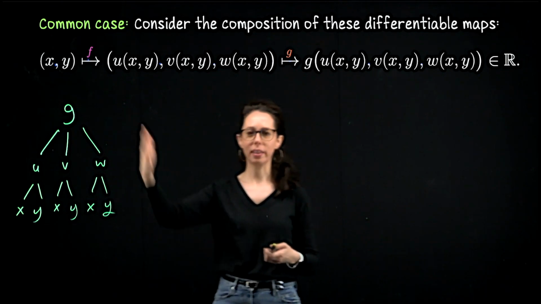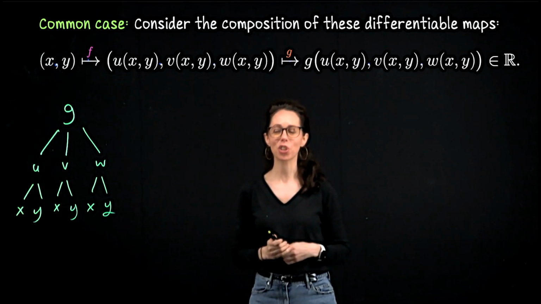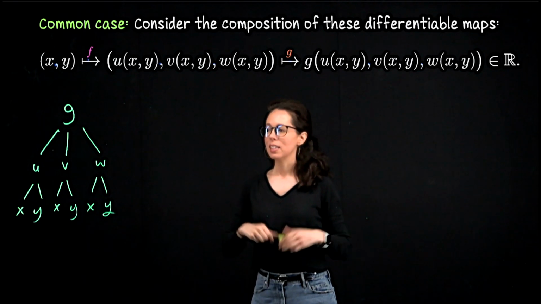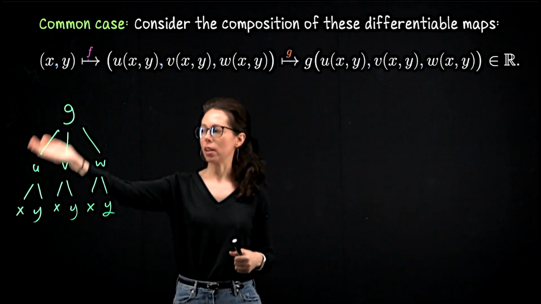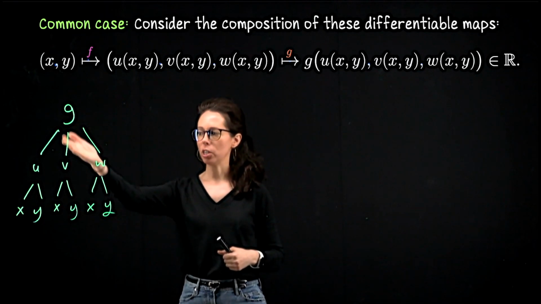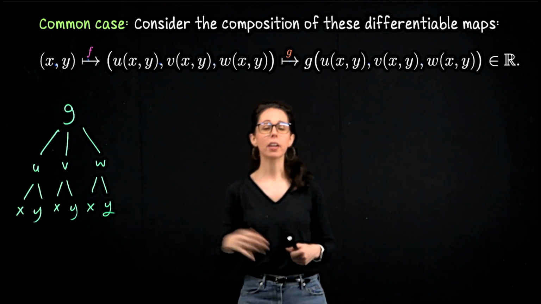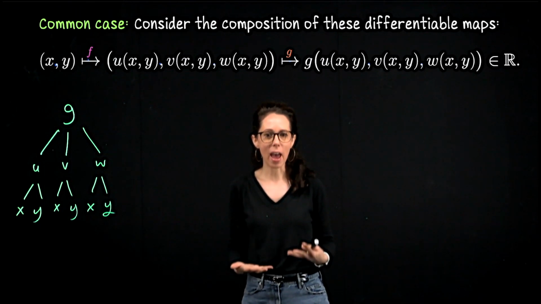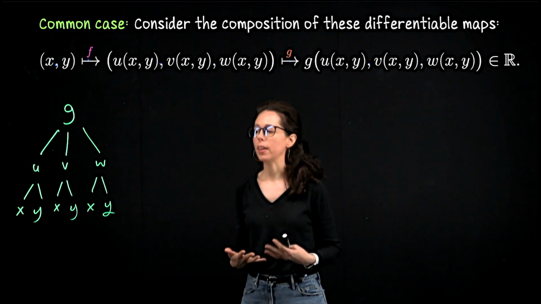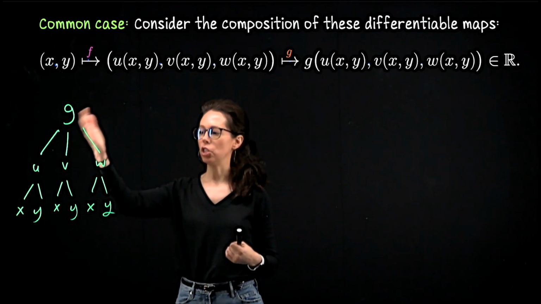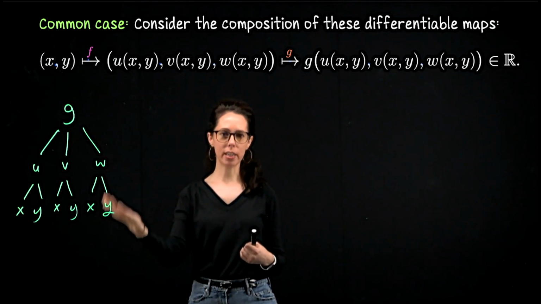So this is like this kind of composition presented as a tree. Since g depends on u and u depends on x, and g depends on v and v depends on x, etc., g depends on x. So how can we think of how g depends on x, what you might write as dg dx?